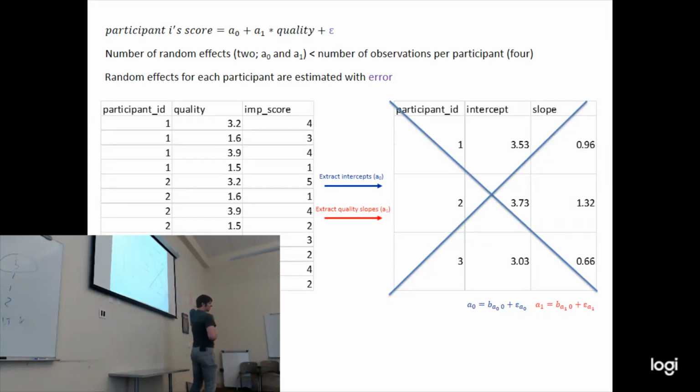These are the estimates that are best in terms of minimizing the sum of the square error for each review. So those aren't what we want. They're too variable in this case. We want estimates that are shrunk towards the fixed effects. And that's what maximum likelihood does.